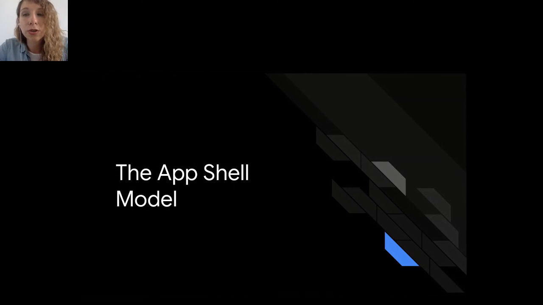And now I want to tell you about the app shell model. This is crucial when we're talking about progressive web apps because it allows you to improve user experience. It can minimize the first meaningful paint because your app doesn't need to initialize any JavaScript, it can simply render HTML and CSS.